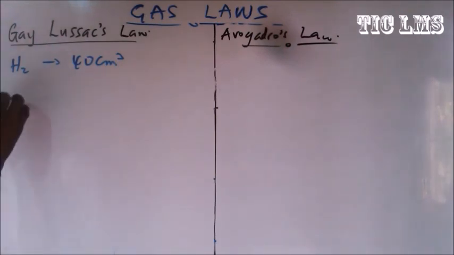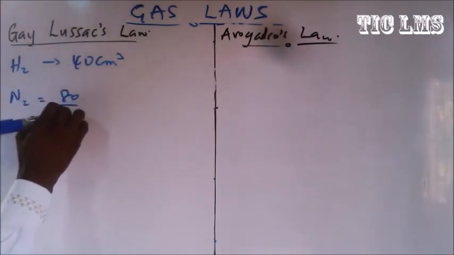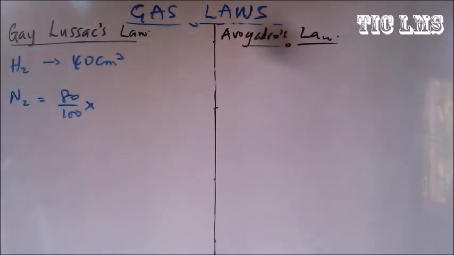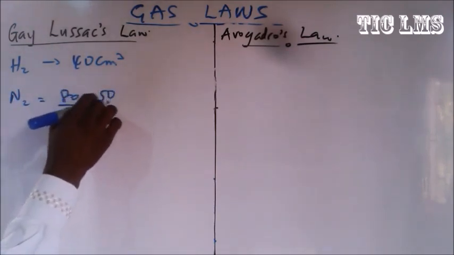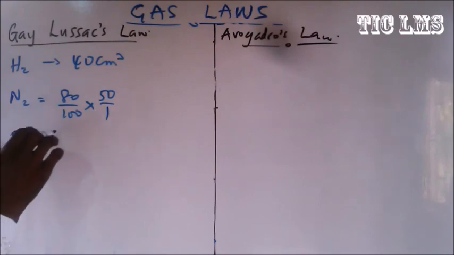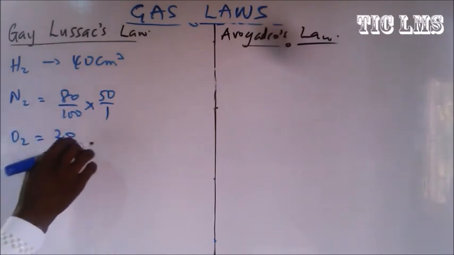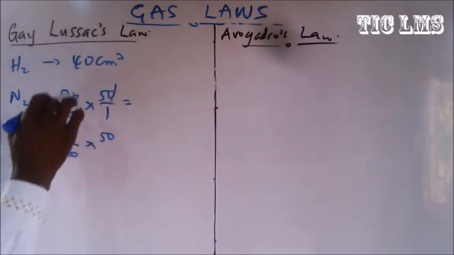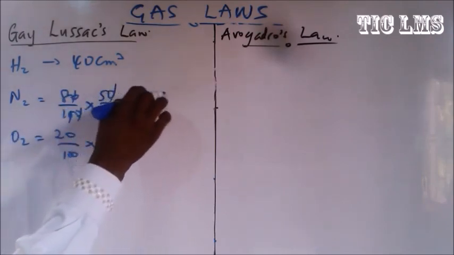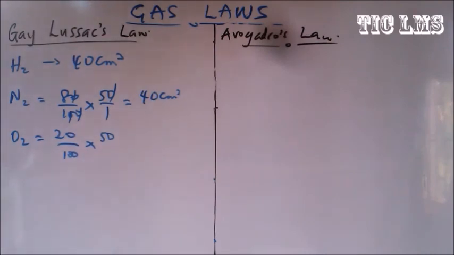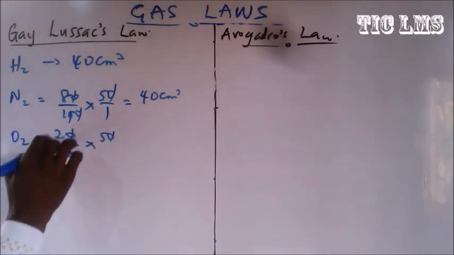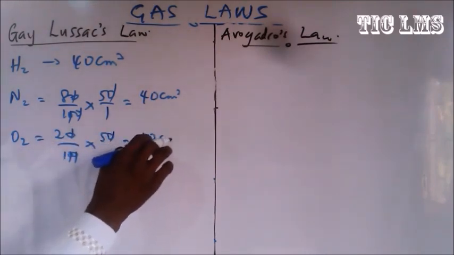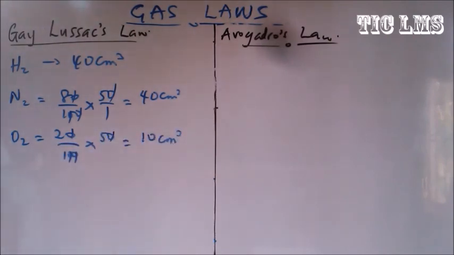Now we're told that the nitrogen in this air is 80% of the entire volume, which is 50, and oxygen is made up of 20% of the entire volume, which is 50. And so when we calculate this out, we'll have 40 cm cubed as the volume of nitrogen, and we have 10 cm cubed as the volume of oxygen.